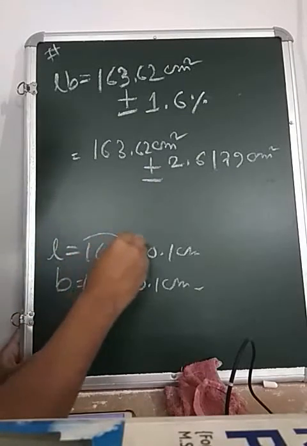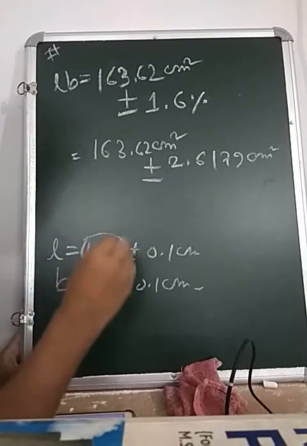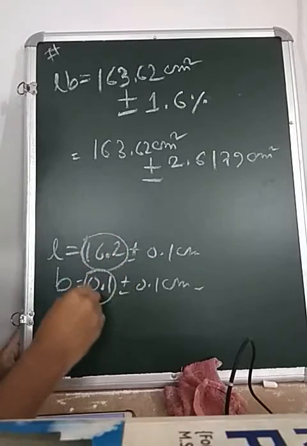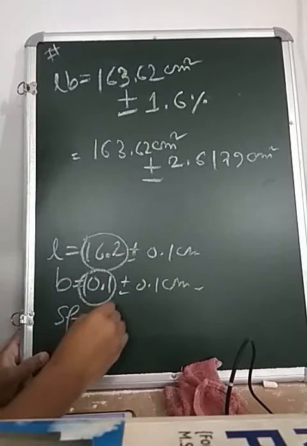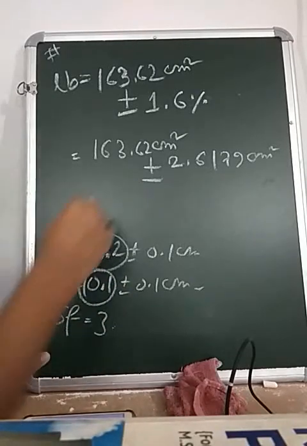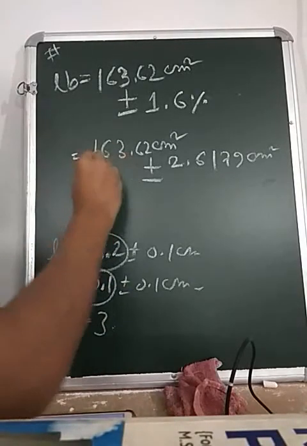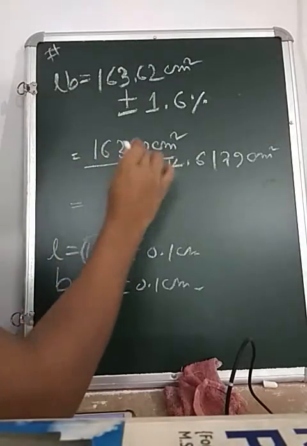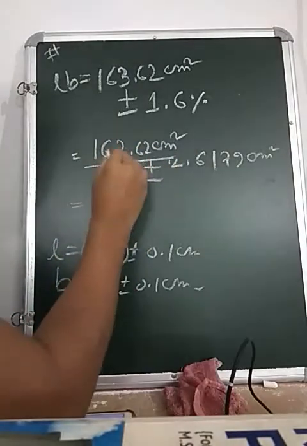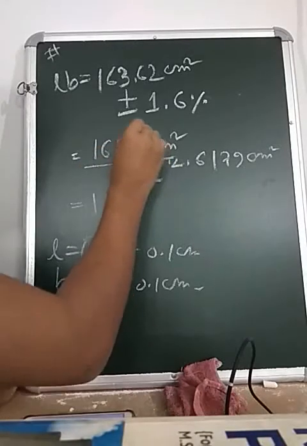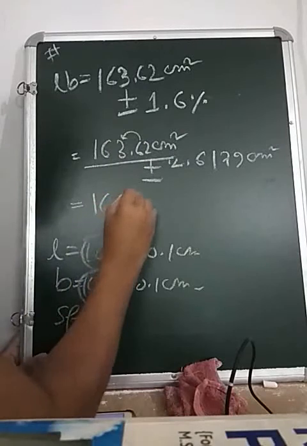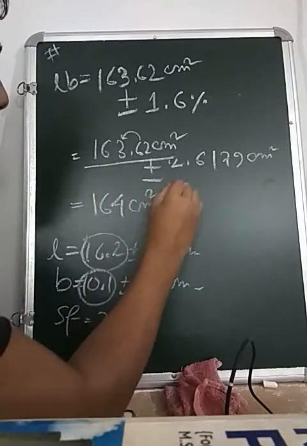So what is the least number of significant figures among these two numbers? It is 3. Both have the same significance. So you have to make this result up to 3-digit significance. So 163, but the next digit is 6, which is greater than 5, so you have to add 1. 164 centimeter square plus minus the error term.